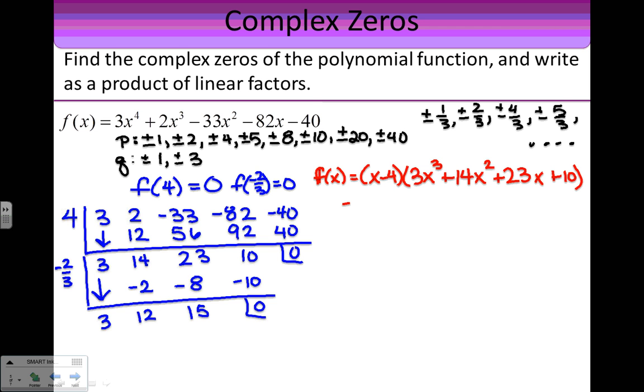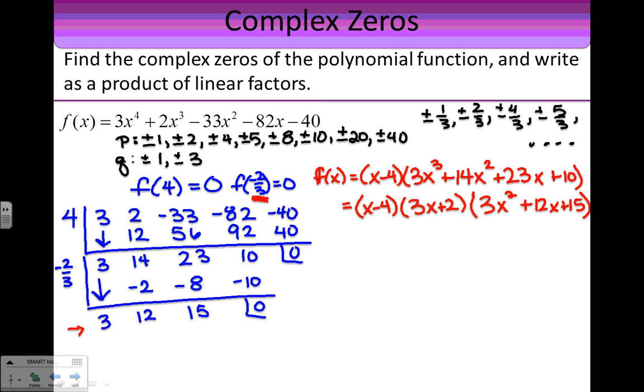Record my answer. X minus 4 stays, and now this big long polynomial breaks up into 3x plus 2. That's where that comes from, my negative 2/3, 0 there, times, and then over here I got 3x squared plus 12x plus 15.